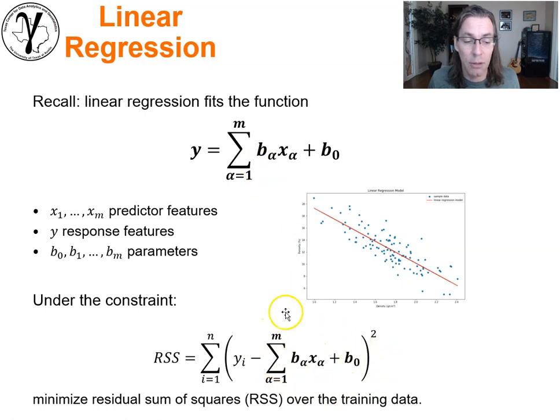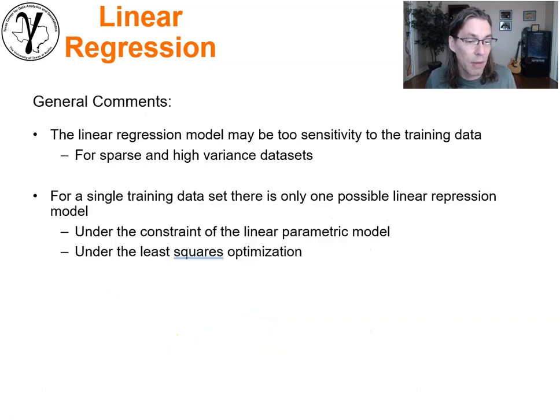So this is going to be our prediction. And so we're going to get the sum of these squared errors. Okay, so residual sum of squared errors is what we're going to minimize. That's what we do with the linear regression model. Now, people may suggest, and this is kind of funny because the linear regression model is quite simple, we don't usually think of it being very sensitive. But in fact, for some classes of problems, it may be considered too sensitive.